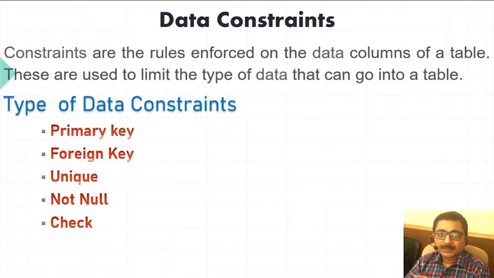If any person who is trying to apply for a driving license has an age of less than 18 years, he or she will not be allowed. So in that case, the data constraints will take part, where that age column will have some data constraints, and these data constraints will check whether you are eligible as per age or not.